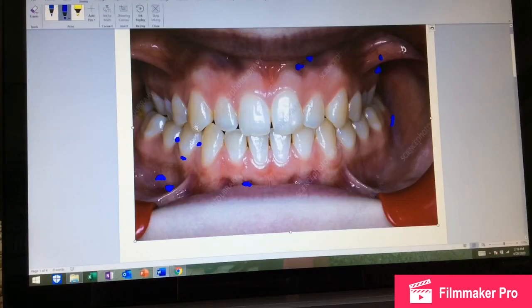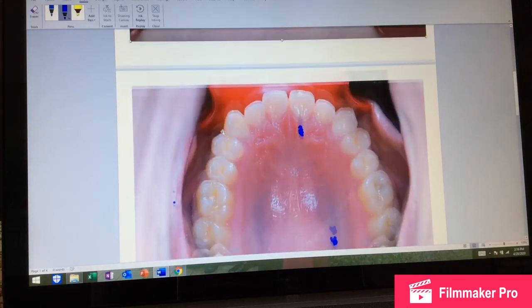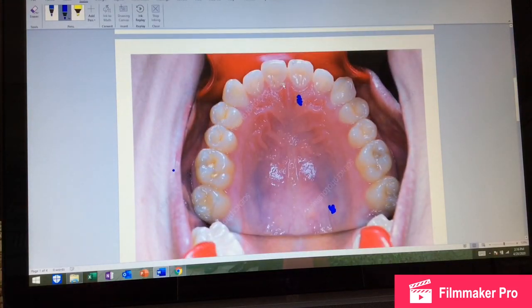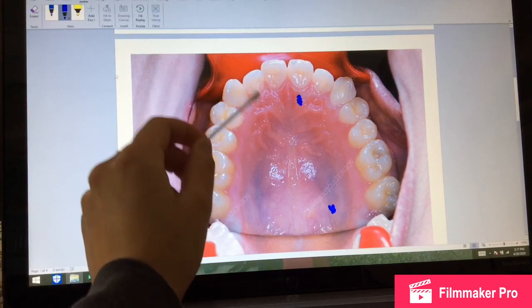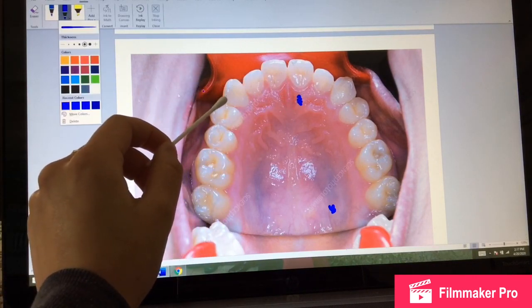And last but not least, we'll demonstrate once again the nasopalatine and the greater palatine blocks. It's the same idea, but on the other side. I'm just going to show the other side as well.